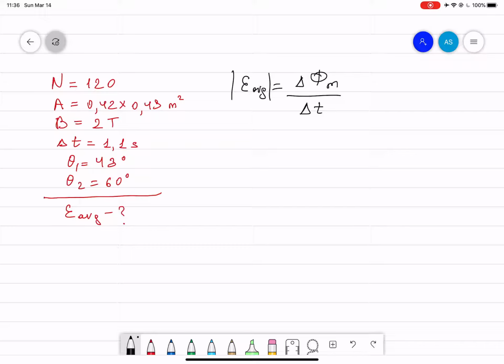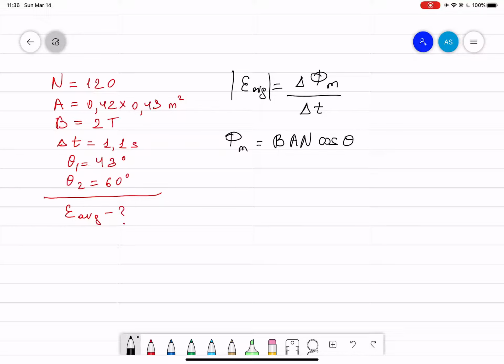Now, this magnetic flux by the formula is defined by N, B, area, and cosine theta.